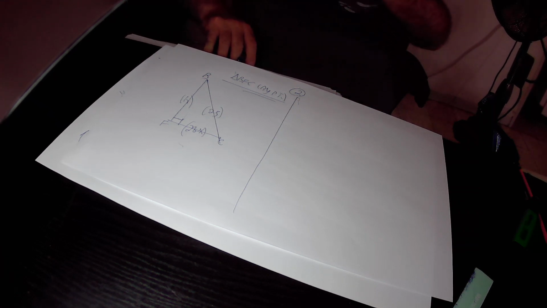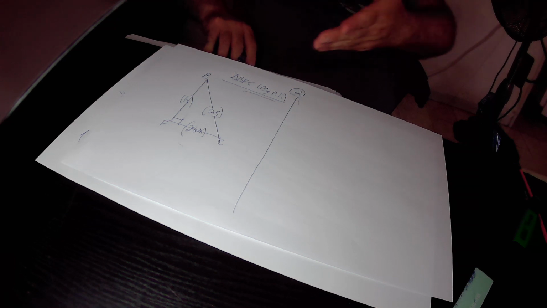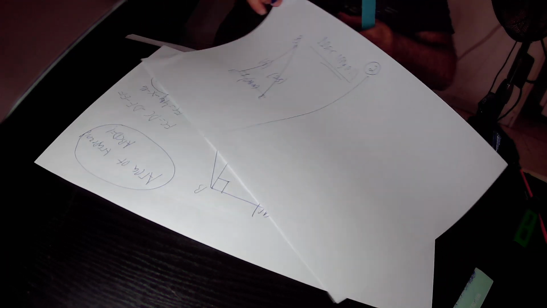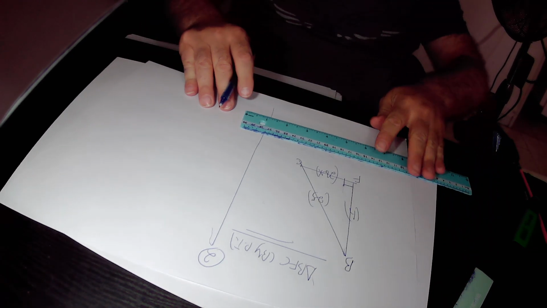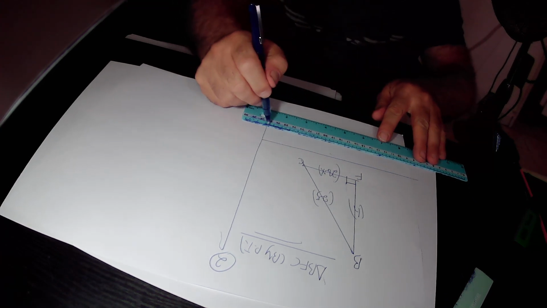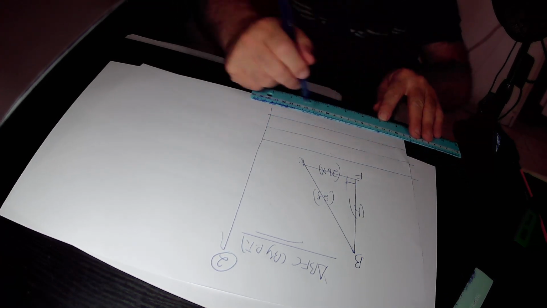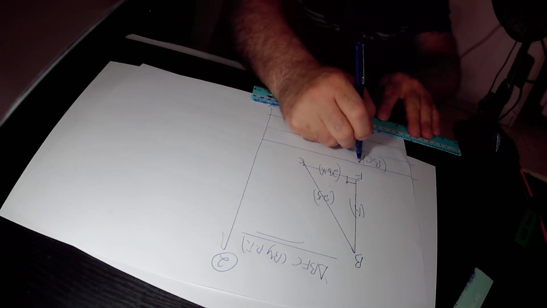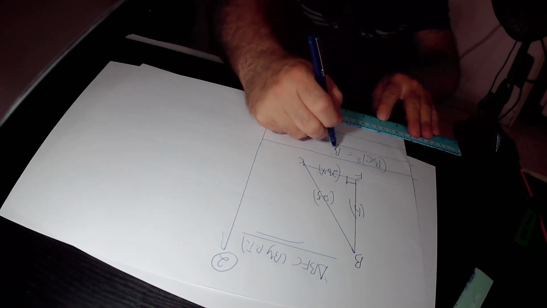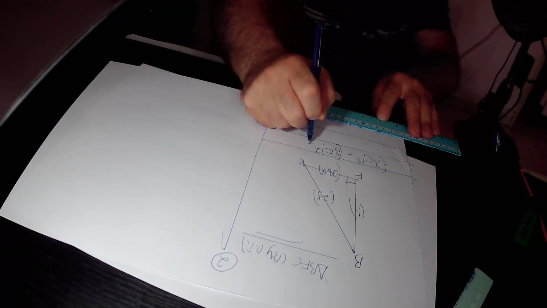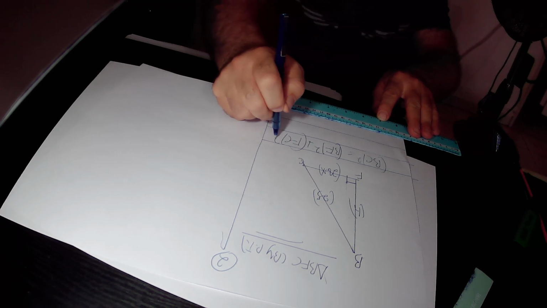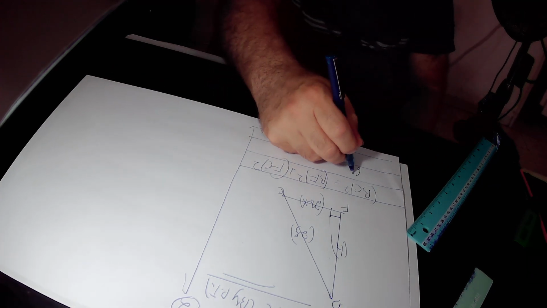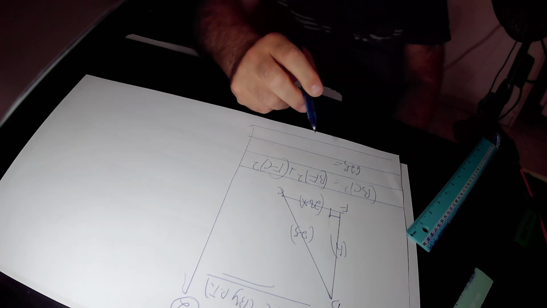According to the Pythagoras theorem, in this right triangle BFC, BC squared, that is the square of the hypotenuse, equals BF squared plus FC squared. So I write it down. BC is 25, therefore BC squared is 25 squared, that is 625, and it equals BF squared.